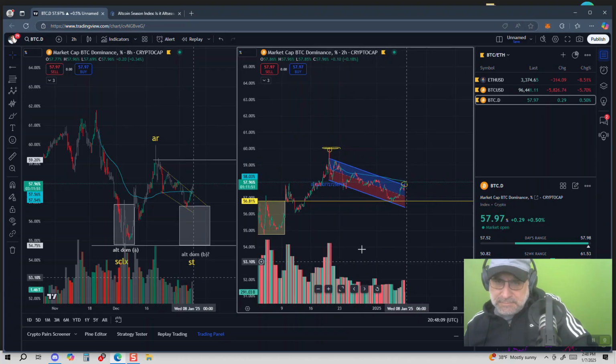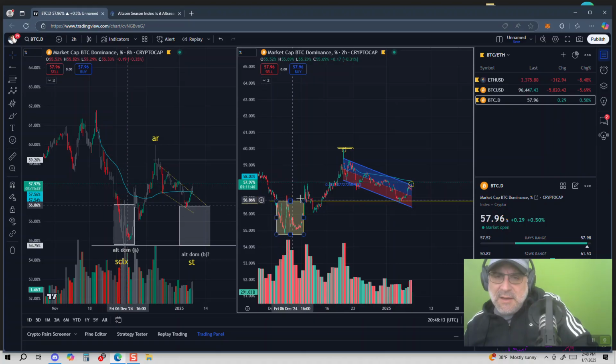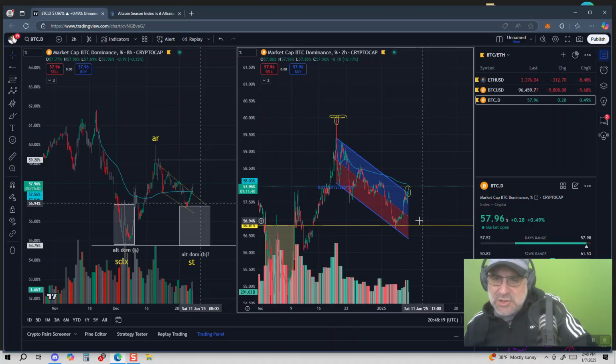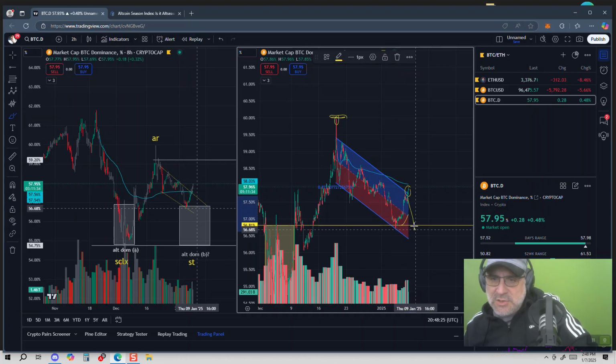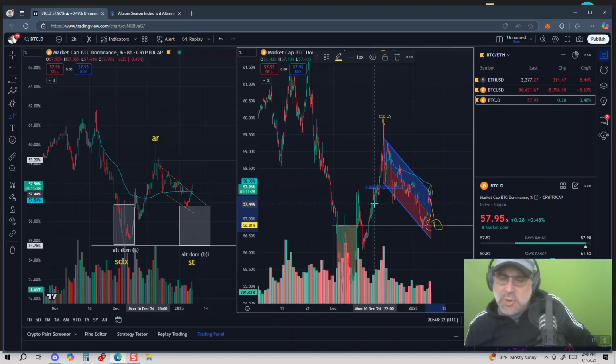But this was the depths where it all kicked in. This yellow line on top is the support line here. If we were to fall in this regression trend and come back down to that area, we would be right at the cusp, right at the threshold of re-entering into altcoin season.